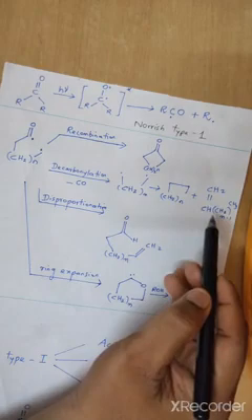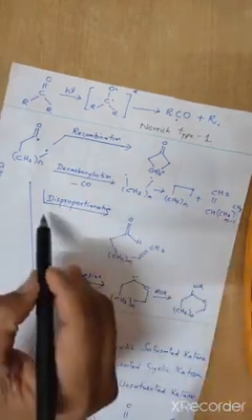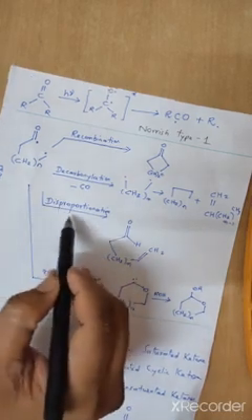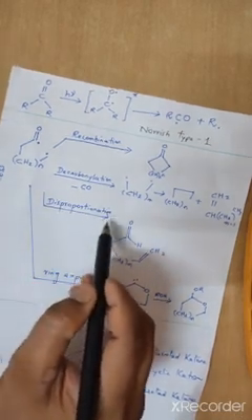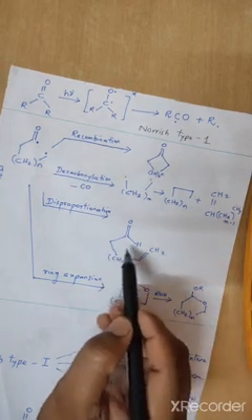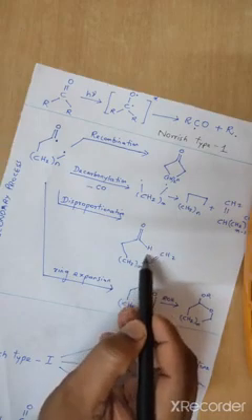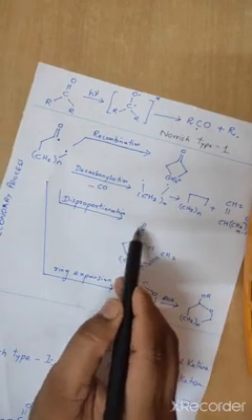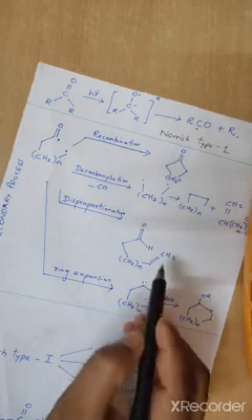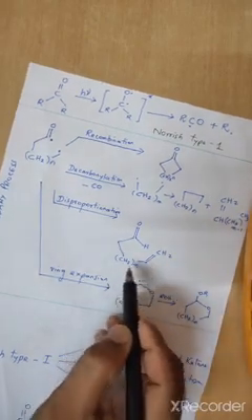As a result of this, this type of molecule may be formed. Another reaction is disproportionation. As a result of this, hydrogen may be abstracted from here, and a double bond is formed here. This type of product is formed.